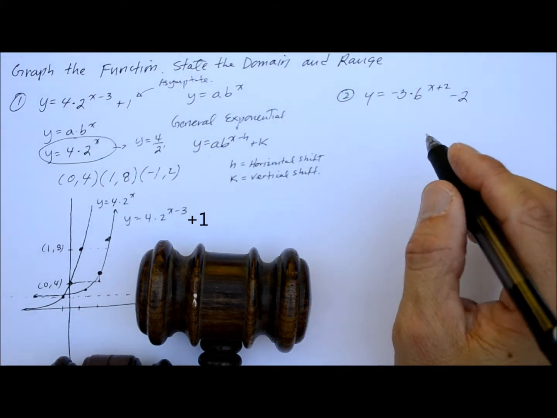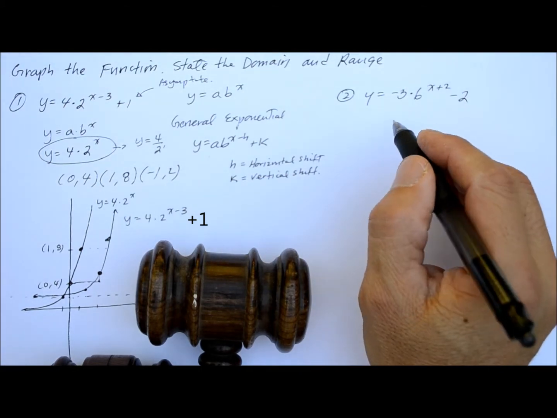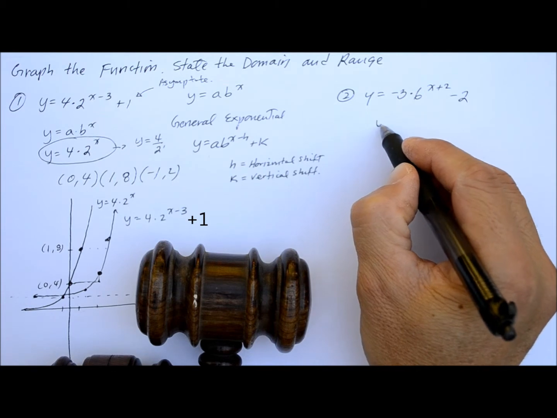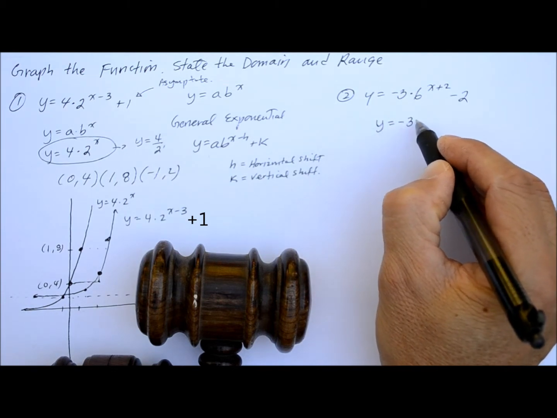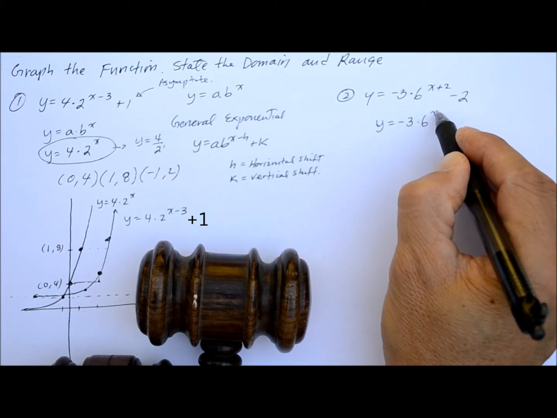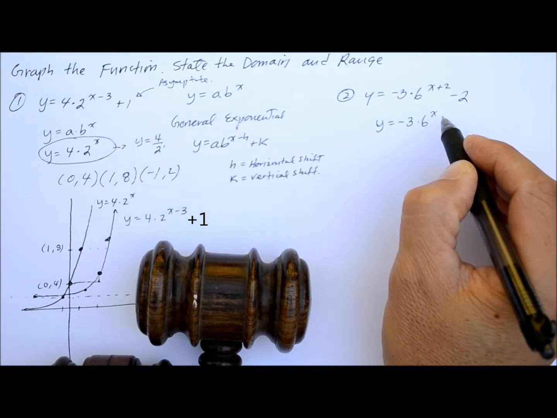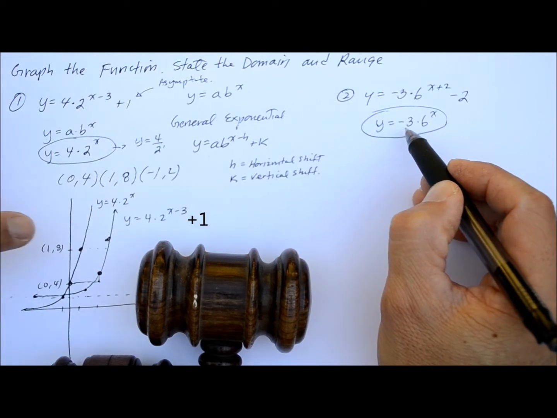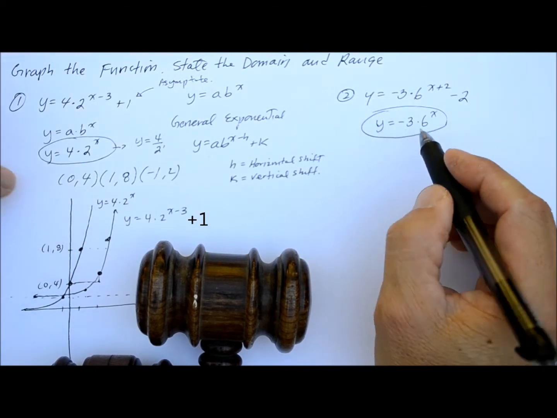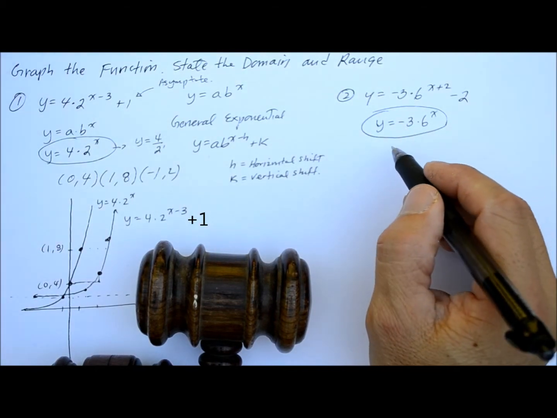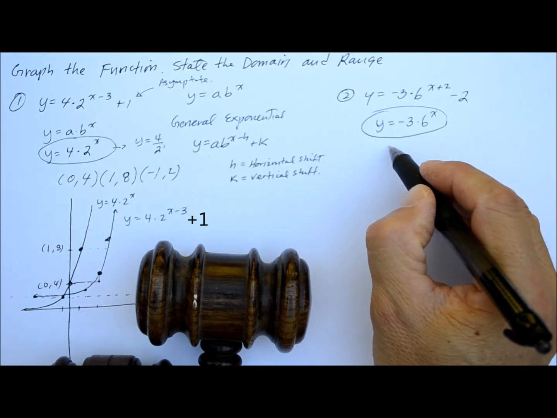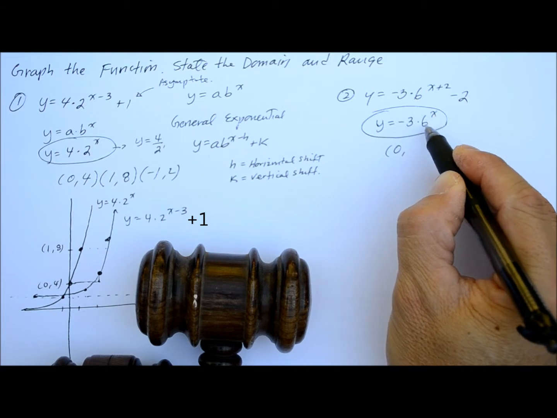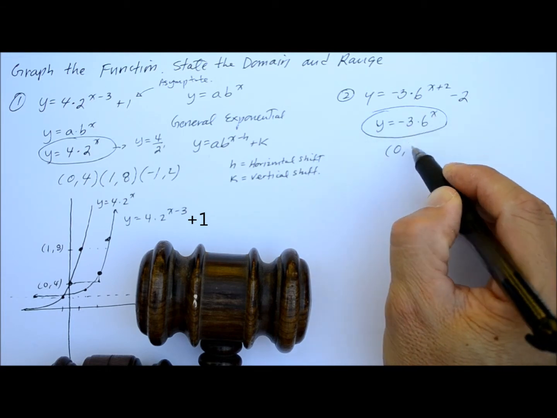So the first thing I want to do is use the basic exponential growth function, y is equal to negative 3 times 6 raised to just the x, without the shift. We're going to graph that first to give us the initial position. We find the coordinates by letting x equal 0. If x is 0, 6 raised to 0 is 1, times negative 3 is negative 3.